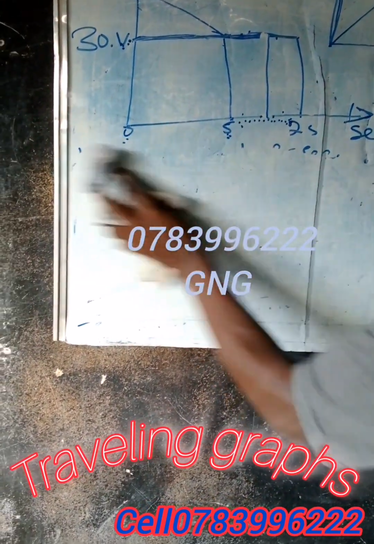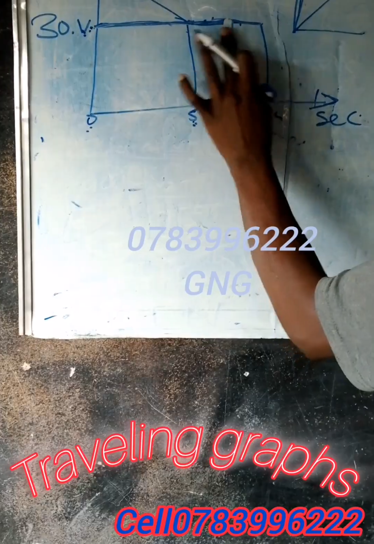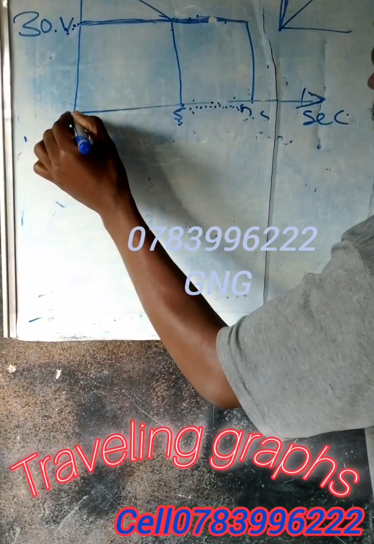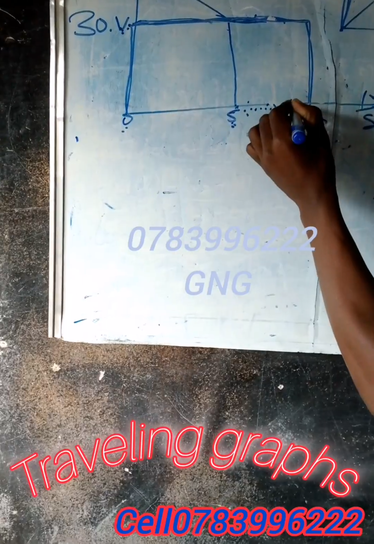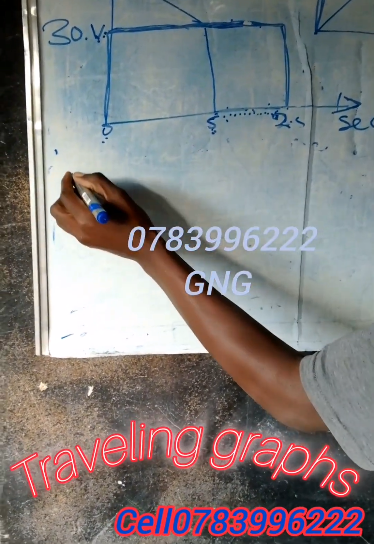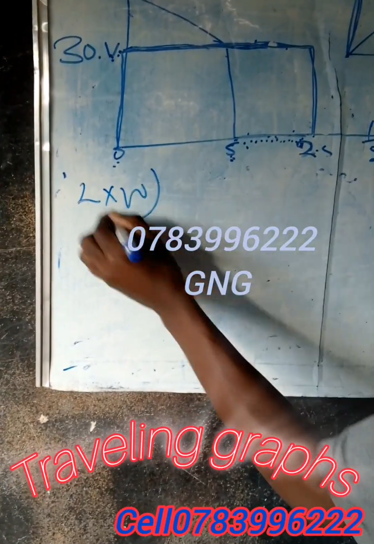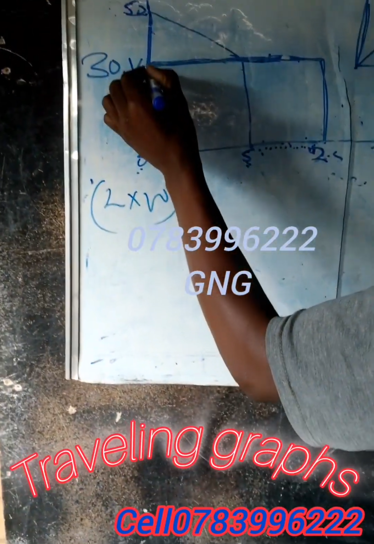Then for distance, it is just the same. You split the shape. You can see this is a rectangle, so I may use this rectangle to calculate first. What is the formula for a rectangle? Length times width, plus the shape of this triangle.